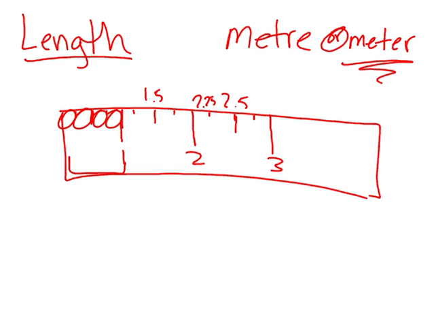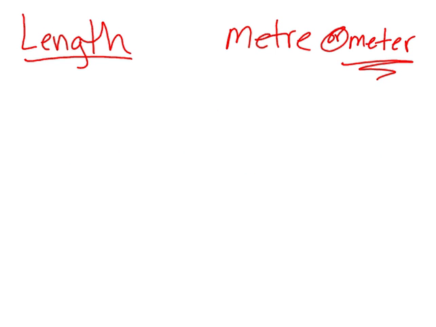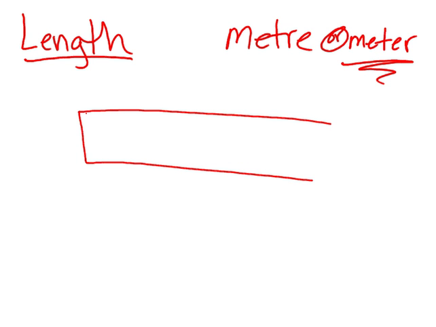Well, when it comes to a metric ruler, when the side was centimeters, it doesn't matter what it is, you're always going to have 10. So if I have my metric ruler, this will be interesting. 1, 2, 3, 4, 5, 6, 7, 8, 9, 10.